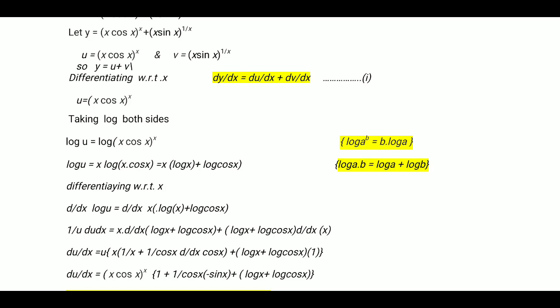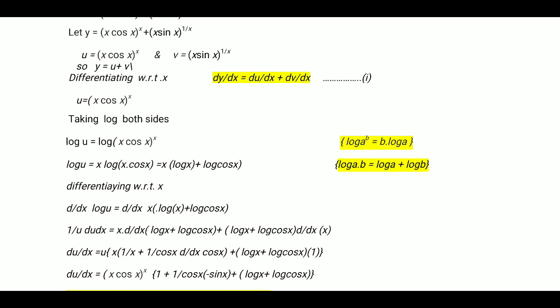These are the rules of log. So log u is equal to x log(x cos x), and it is in multiplication form within the bracket. So x (log x plus log cos x).